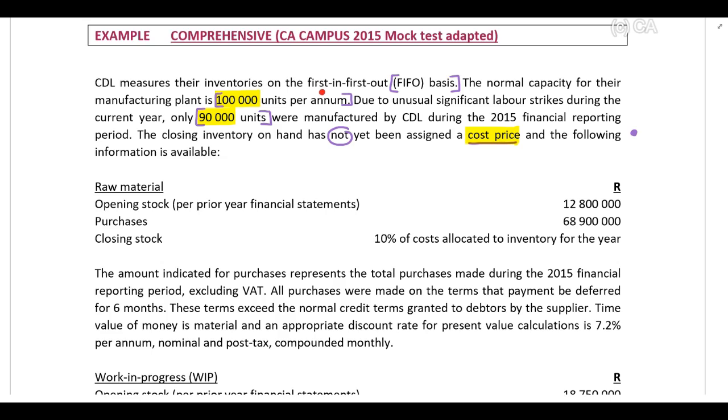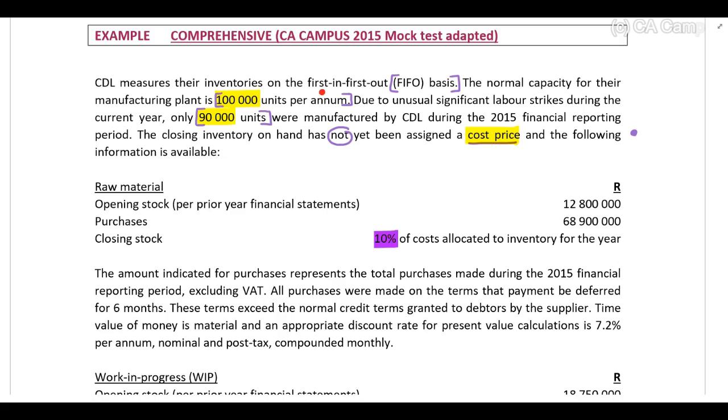They provide us with the raw materials opening stock per prior year financial statements, and this will be 12.8 million rand. Then they provide us with our purchases, which is 689,000,000, and our closing stock, which is 10% of the costs allocated to inventory for the year.